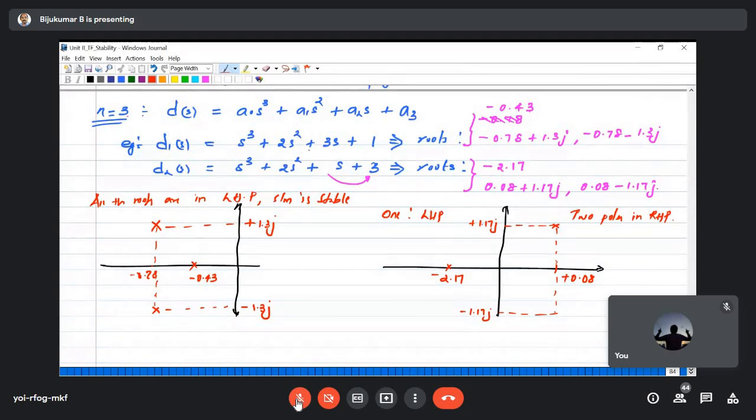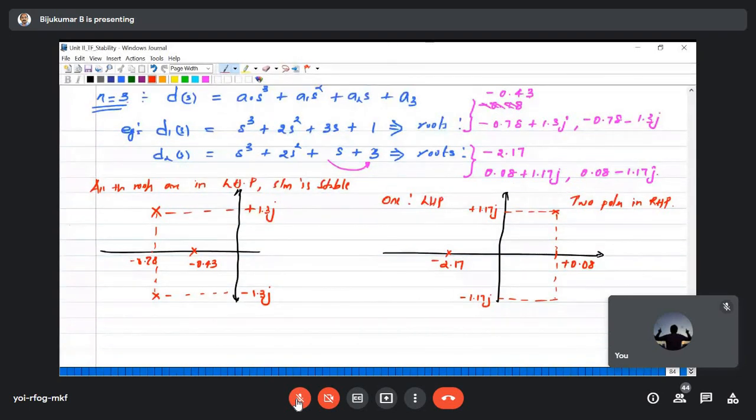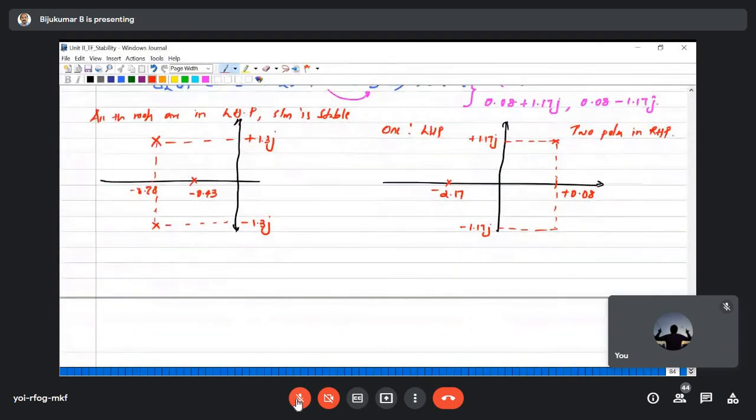While seeing the constant values, we cannot tell whether the poles are on the left side or right side. So we need a sufficient condition to judge the stability criteria. That's why we need the Hurwitz stability criterion. Clear?